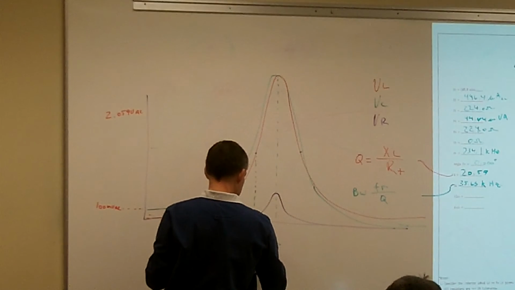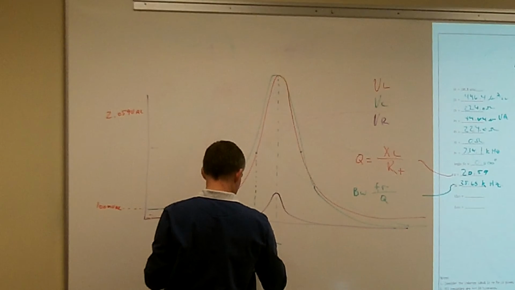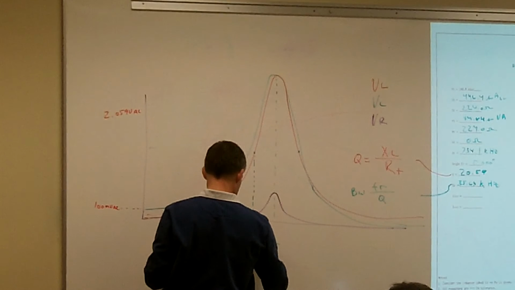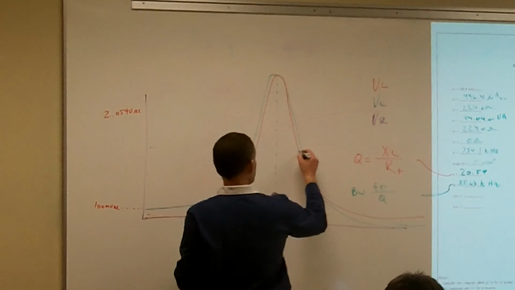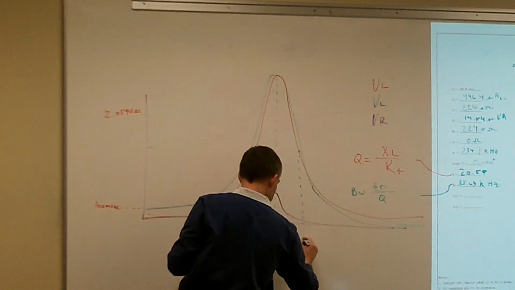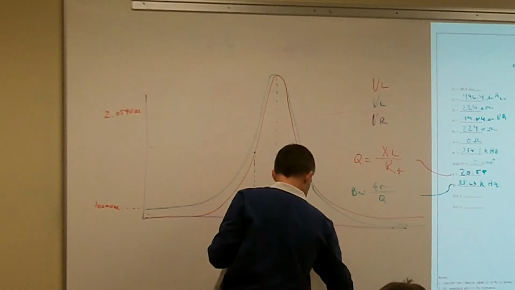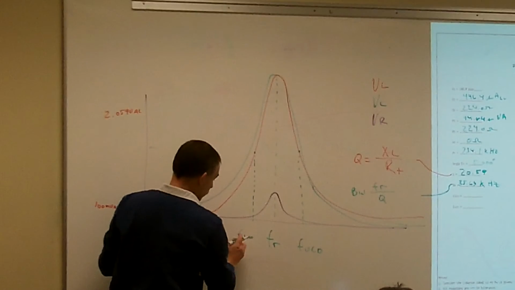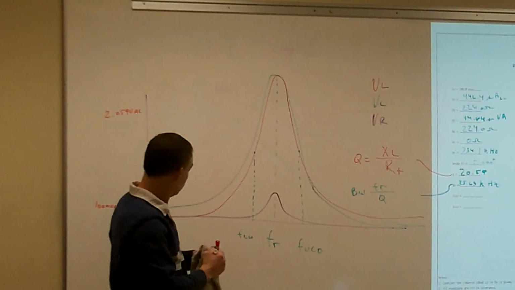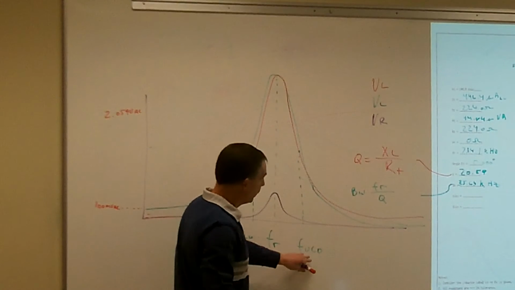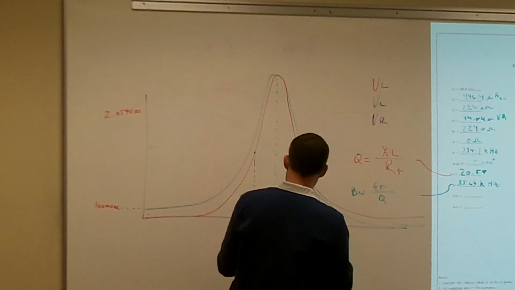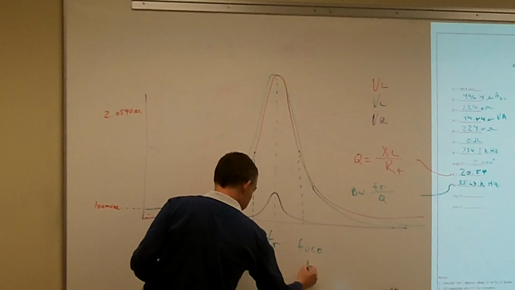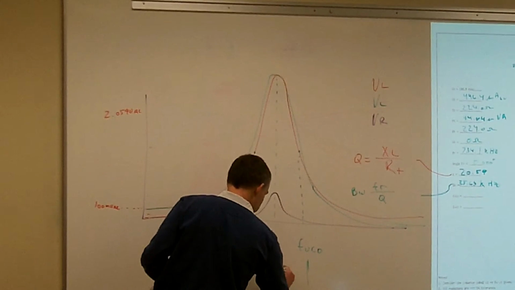So our bandwidth, this is going to be our lower frequency cutoff. The other half of our bandwidth is going to be on our upper frequency cutoff. So we're going to have our FL, our lower cutoff frequency, and our upper frequency cutoff. And that bandwidth is right here. That's what our bandwidth is equal to. It's between those two numbers there.